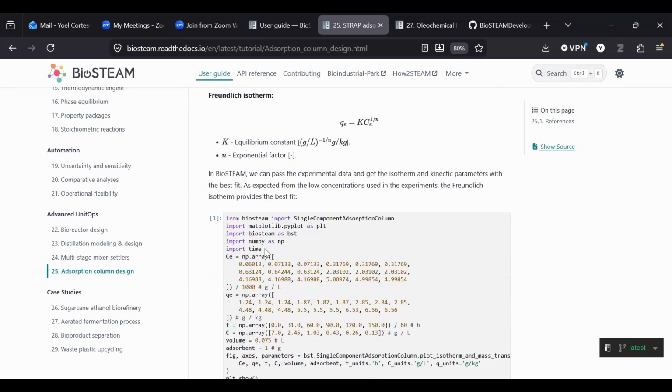The first one is where you vary the concentration of either your activated carbon or your adsorbent, right, your solute, and look at the equilibrium constant, right? That's number one.